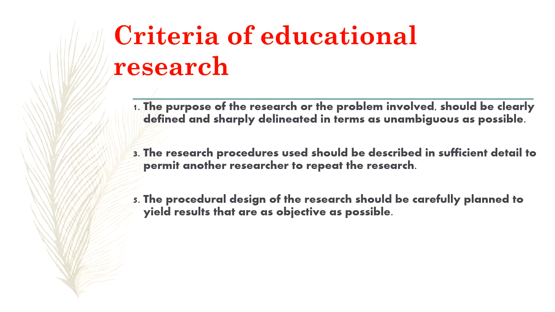Let's see the criteria of educational research. The first criterion is that the purpose of research or the problem involved should be clearly defined and sharply delineated in terms as unambiguous as possible. Whenever we are stuck with a problem, there can be many problems, but if we choose a single problem, we need to be very focused on it, and we need to understand what exactly we want to find out, what the problem is.